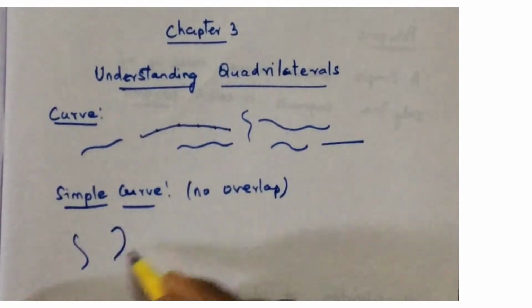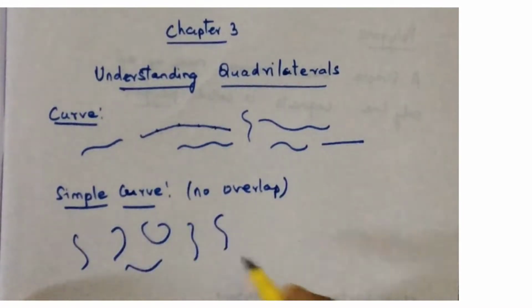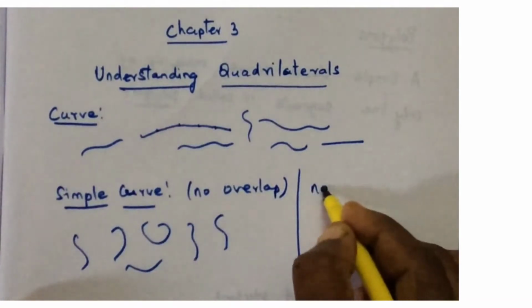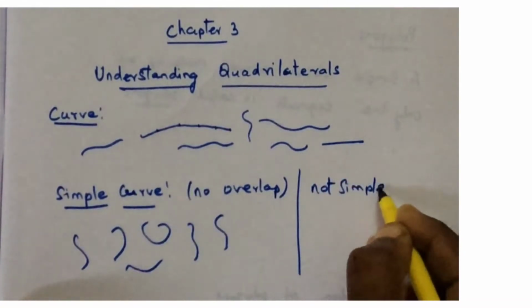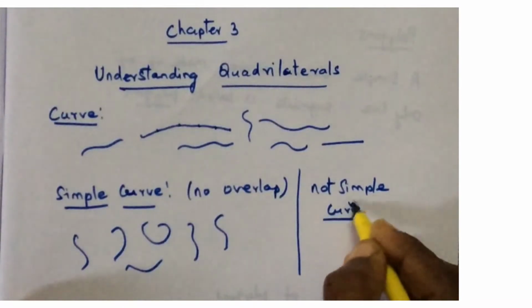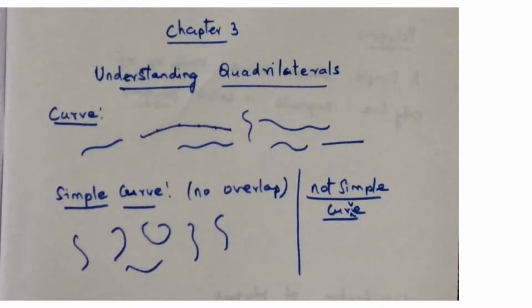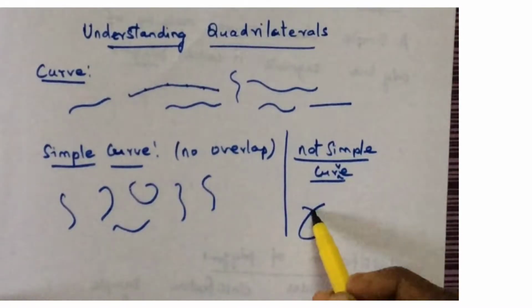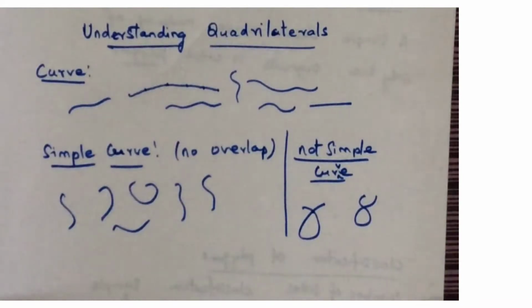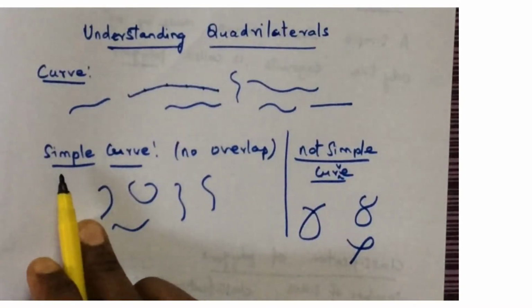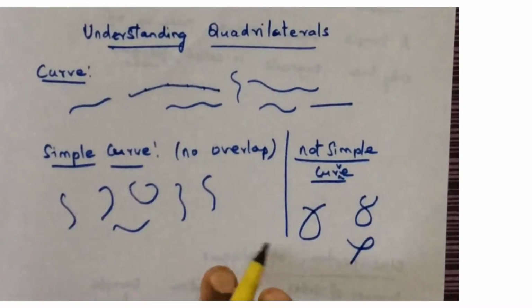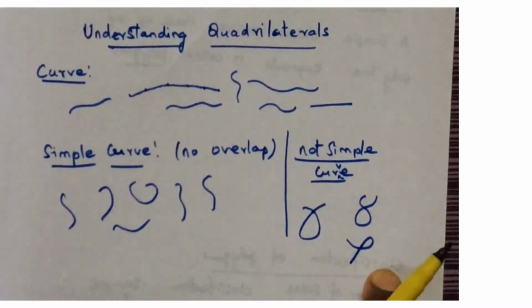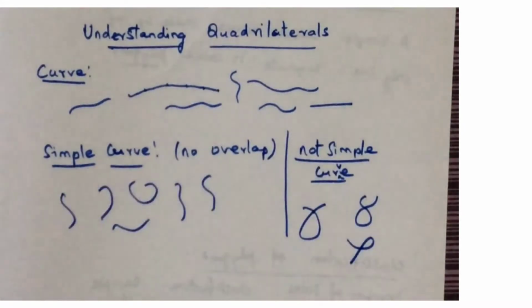Suppose there is an overlap, here there is an overlap, here there is an overlap. If there is some overlapping, then this is a curve but not a simple curve. The word simple is for checking whether there is an overlap or not. If there is an overlap, then it is not a simple curve. If there is no overlap, then it is called a simple curve.